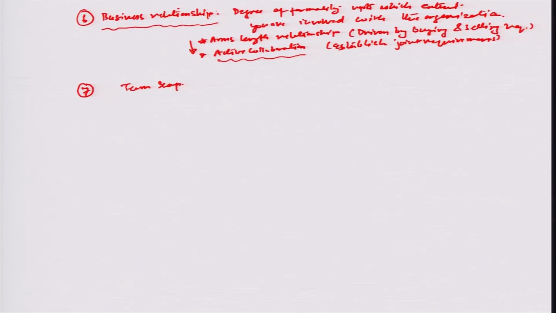So, team scope is again related to how the organizational hierarchy or structure is designed, and whether there is a possibility of such cross functional teams within the organization, right. So, I will just write this as diversity of perspectives for execution of the program.